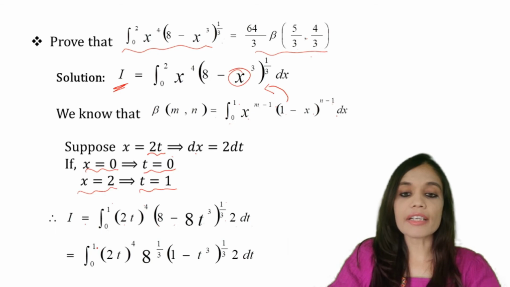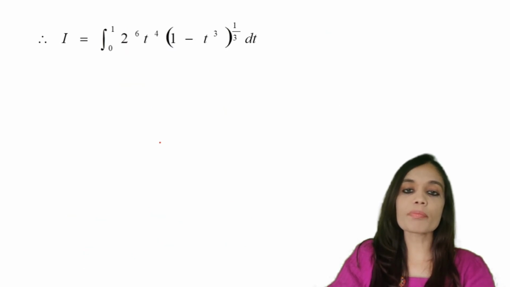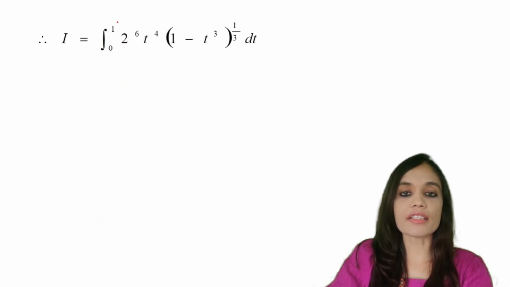So what we will get, integration 0 to 1 2t raised to 4, this 8 will take out common, so it will be 8 raised to 1 by 3 into 1 minus t cube whole raised to 1 upon 3 into 2 dt, right? On further simplification, we will get I as integration 0 to 1 2 raised to 6 t raised to 4 into 1 minus t cube whole raised to 1 upon 3 dt.